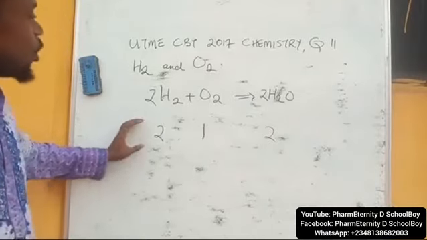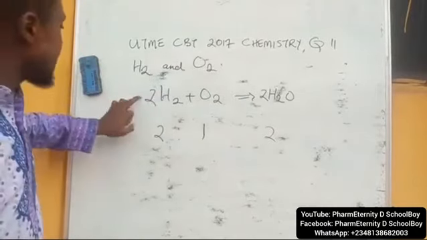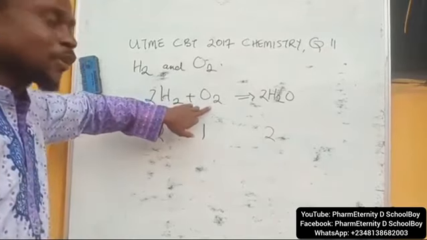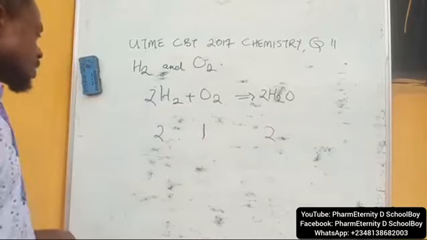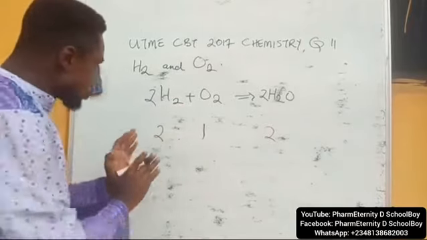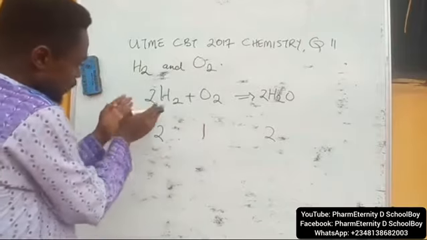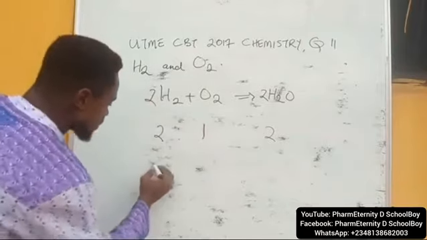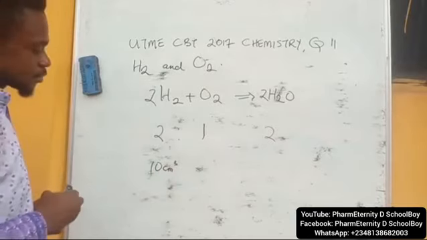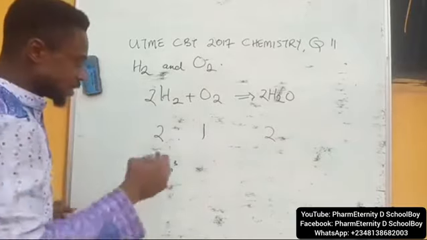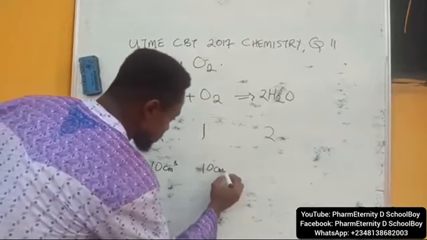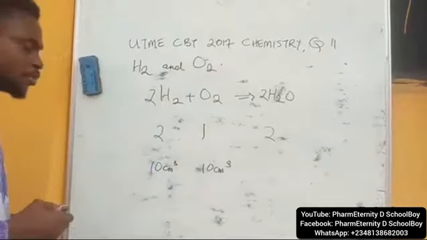This is the ratio, but the question says that 10 cm cube of hydrogen was sparked with 10 cm cube of what? Oxygen. The volume of oxygen that was used was 10 cm cube, and hydrogen was 10 cm cube.